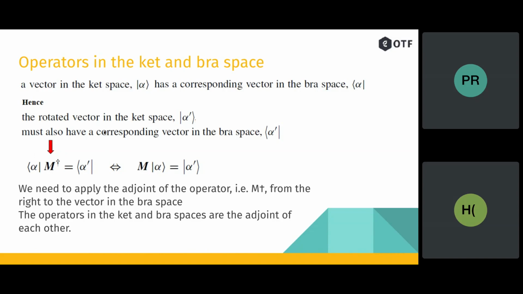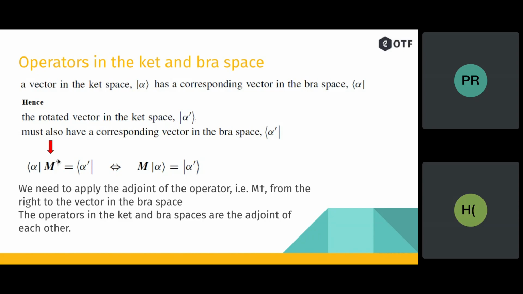So M becomes M dagger, and alpha, which is a ket vector, becomes a bra vector. And the bra vector takes precedence over the matrix. So M of ket alpha is equivalent to bra alpha M dagger.